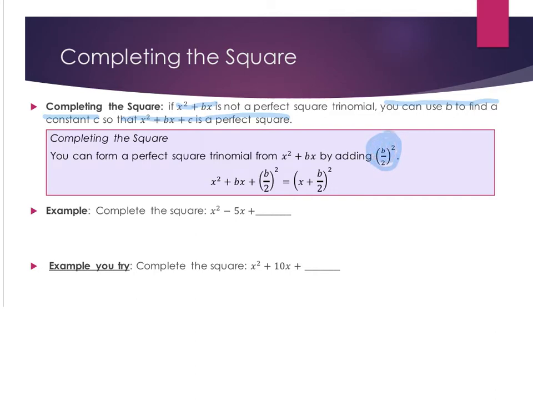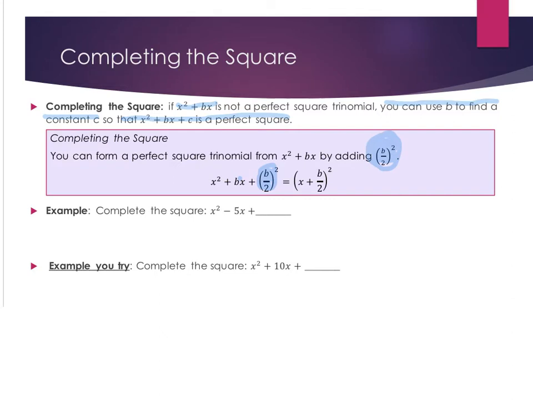Notice here in the next problem, we took the middle number b, divided by 2, and squared it. And remember, if I'm going to add that number to the left side of the equation, we also have to add it to the right. And then it will factor to x plus b over 2 quantity squared.